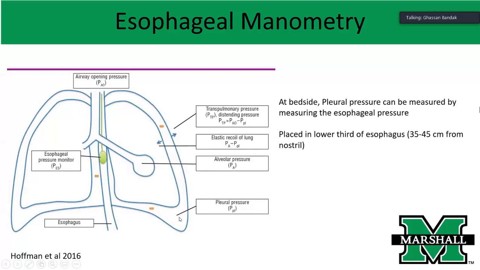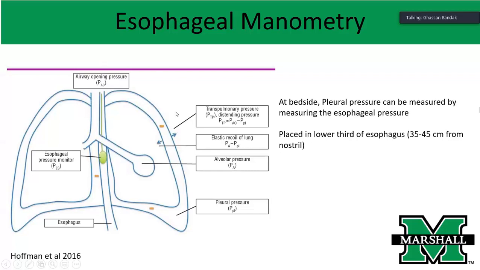Now you do have a pleural pressure as well, and the transpulmonary or distending pressure is the airway opening pressure minus the pleural pressure. If you don't calculate the pleural pressure, then the only pressure you get is the airway pressure.